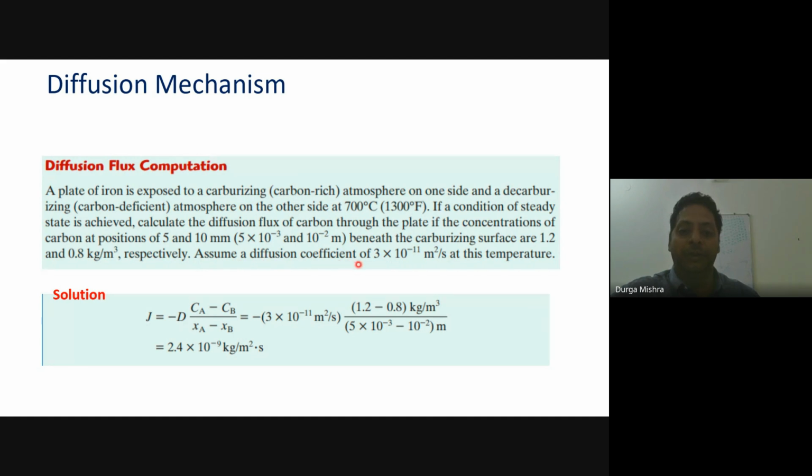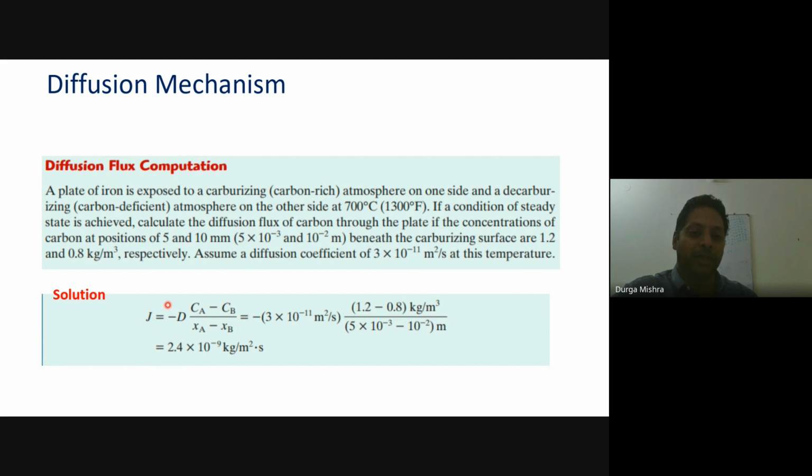The diffusion coefficient is 3 into 10 to the minus 11 meters square per second. This number is really small, so diffusion is a slow process. The diffusion coefficient depends on the temperature, so if you want a fast diffusion, you normally increase the temperature.